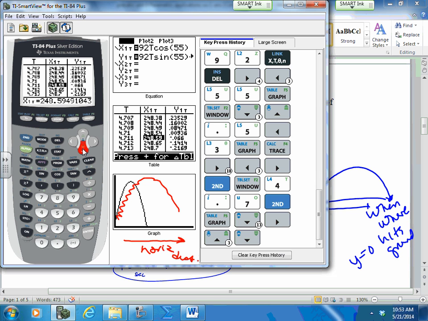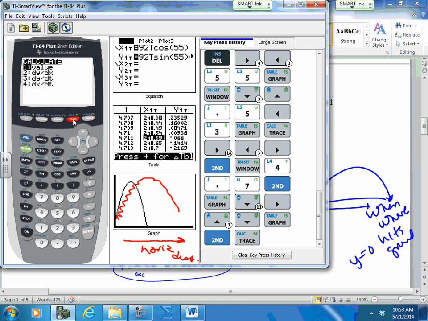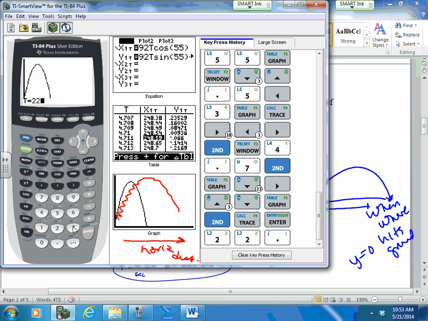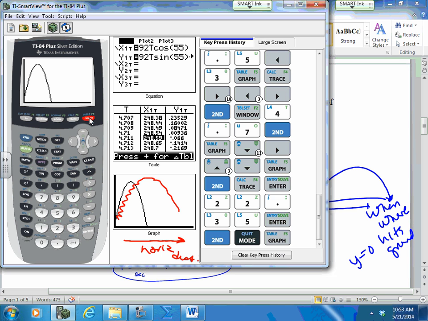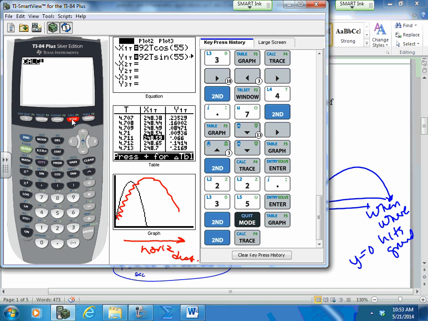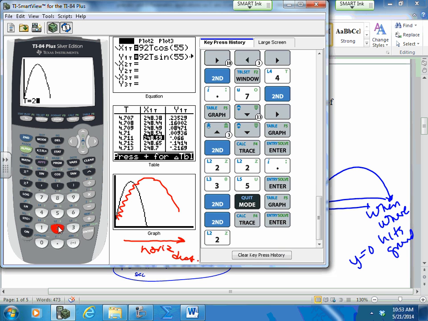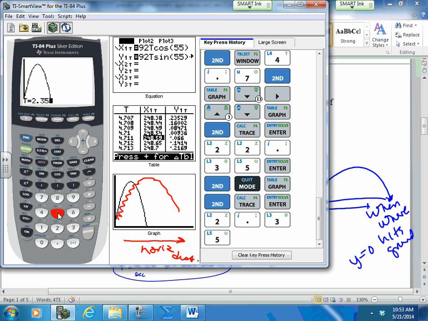So if I go to my graph and do a calc, because you can't do your mins and maxes on these, I should be real close. I should be very close to the top of this thing.